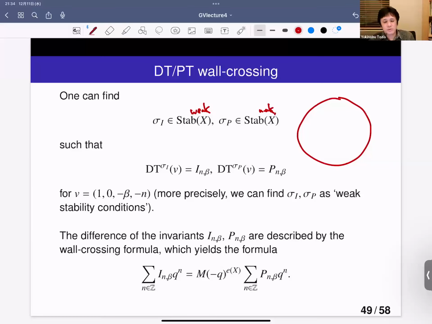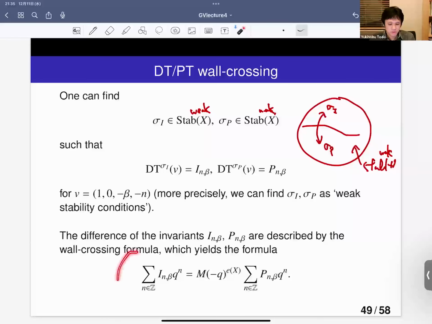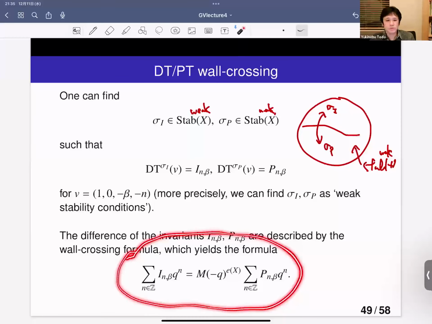Using weak stability conditions, we can construct sigma I and sigma P, which recover the DT and PT invariants. In this case, we have one wall here. Let's say this is Stab X, maybe the weak one. So by wall-crossing, we can relate these two moduli spaces and two invariants, and the formula is the result of the wall-crossing formula.